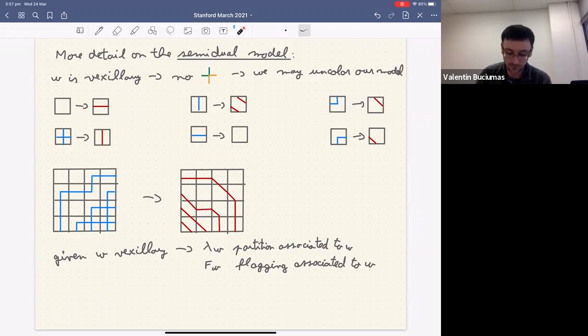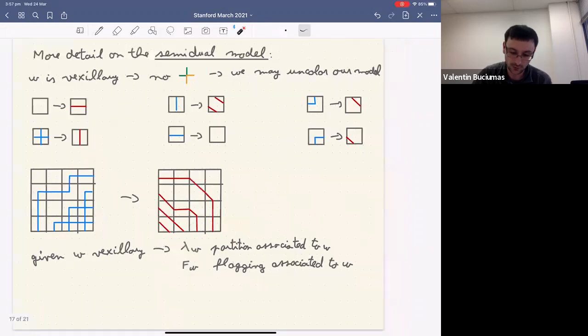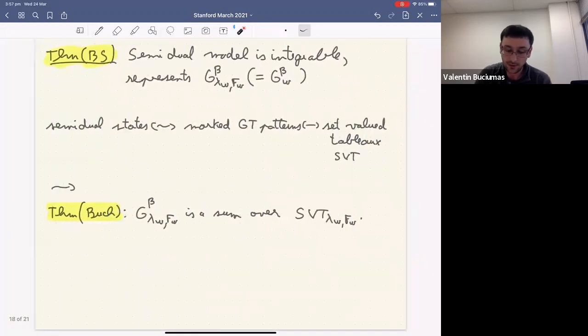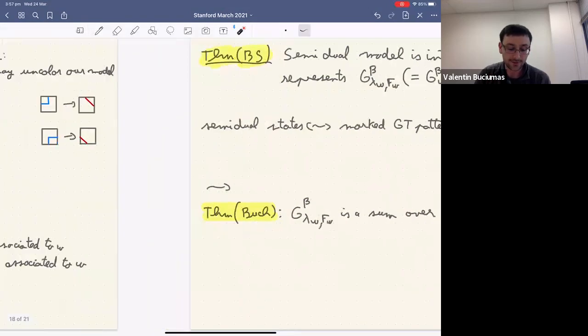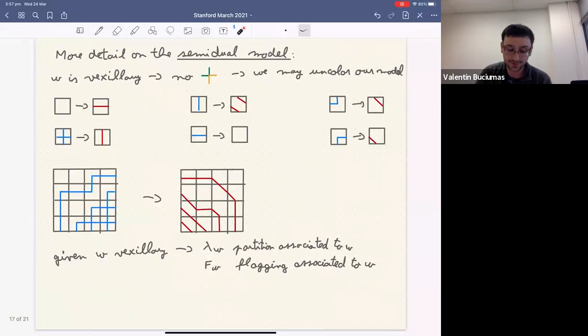For W vexillary, we may associate a partition and a flagging to it. Then the semi-dual model is integrable, and it will represent this Grothendieck polynomial G lambda W F W, which is in fact the same as G W beta. Now why is it useful to introduce this semi-dual model?